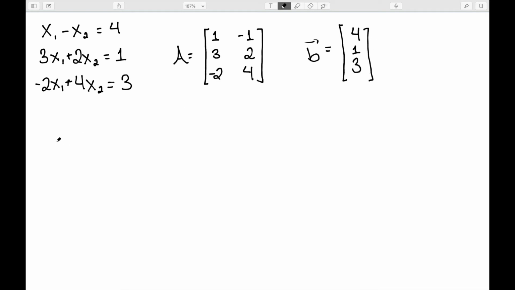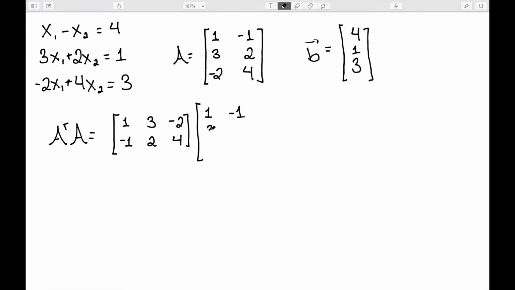So we need to start by finding two things. First, A transpose A. The transpose switches rows to columns and columns to rows. And then we can multiply that by my coefficient matrix A. When we do, we get the matrix 14, minus 3, minus 3, 21.